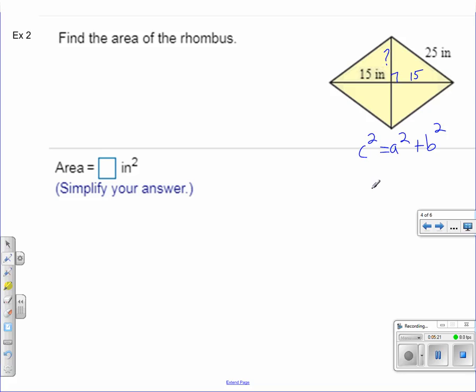I'm looking for a leg. 25 is my hypotenuse. 15 is my other leg. And I'm looking for this leg. All right, 25 squared, how much is that? Are you thinking 625?